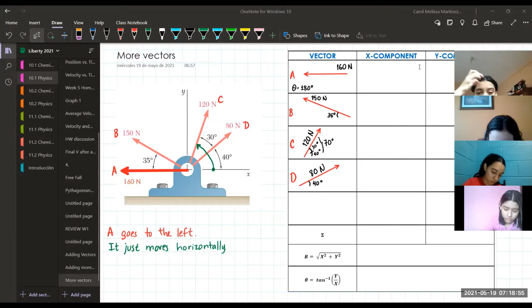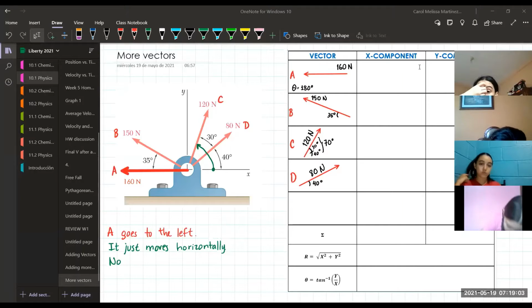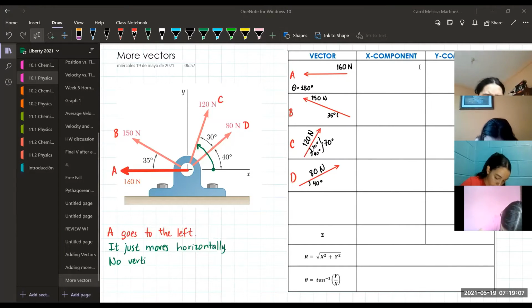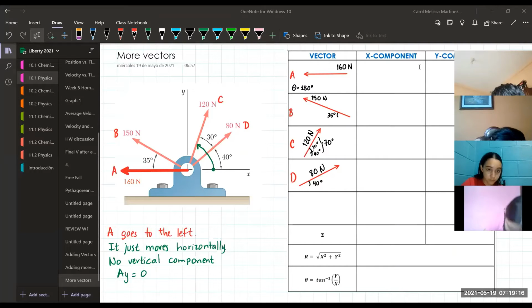If it just moves horizontally, it means that there is no y motion. There is no vertical motion. If there is no vertical motion, you don't have a vertical component. Which means that Ay in the end is going to be 0 because it's not moving vertically.